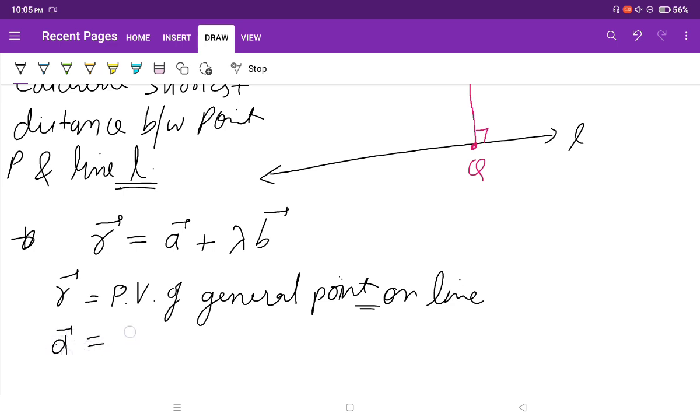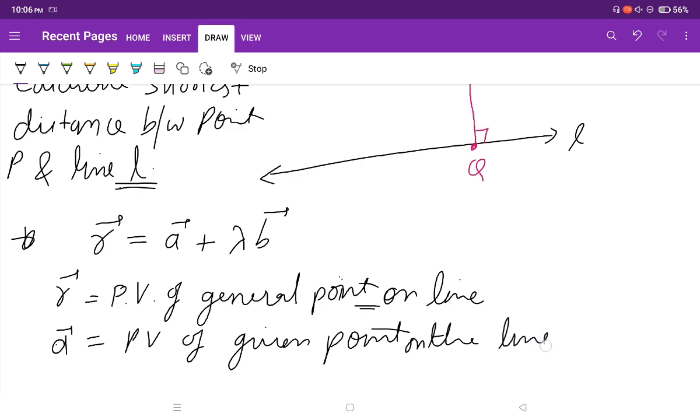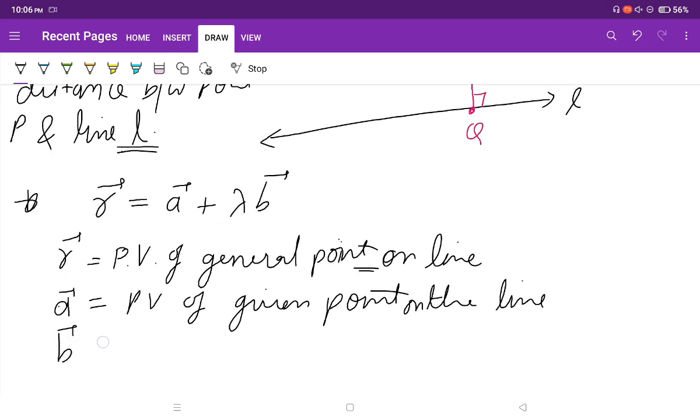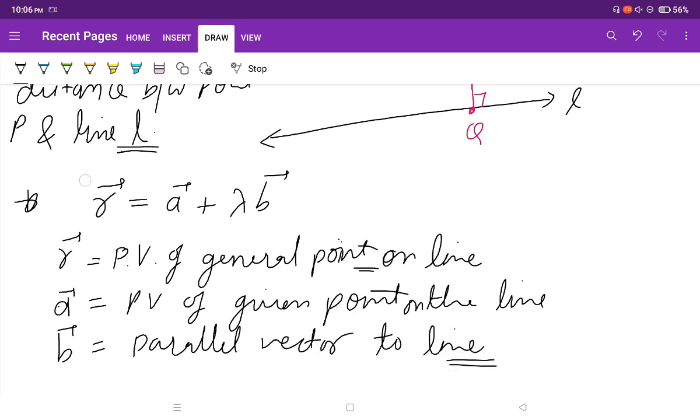A vector was the position vector of a given point on the line, and b vector was a parallel vector to the line, right?